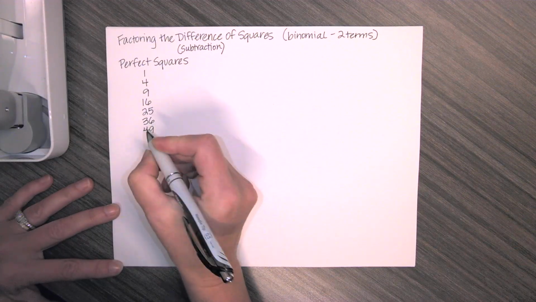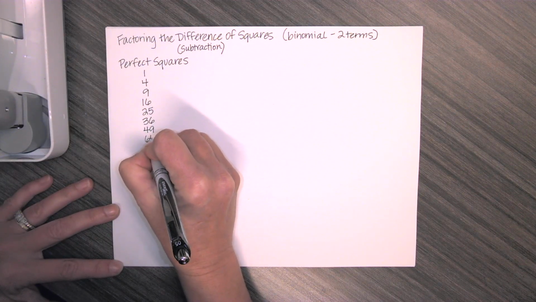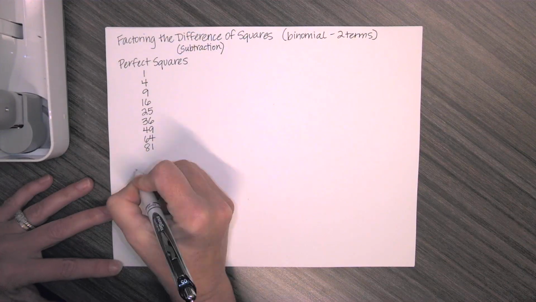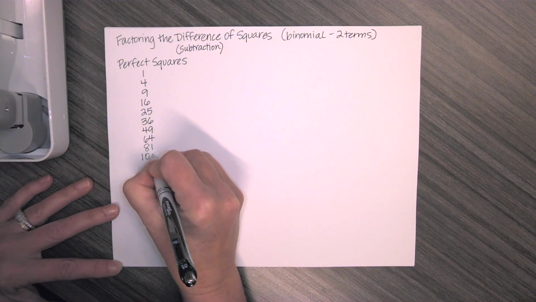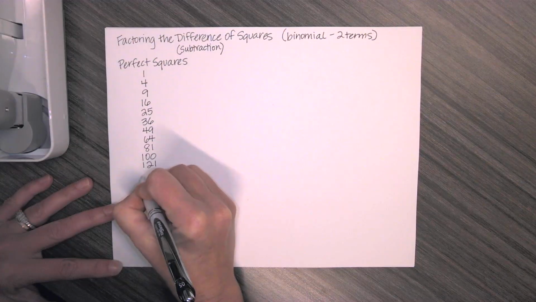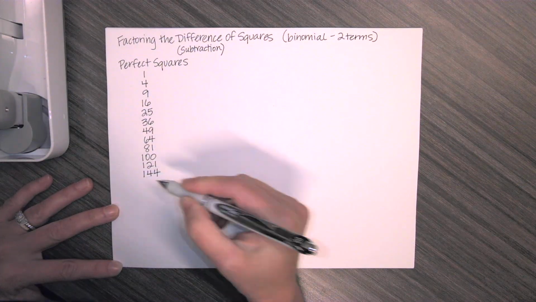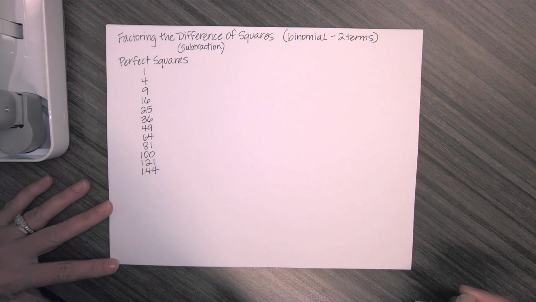I'm going to go ahead and list mine all the way up to 144. Now they keep going after that. But this is probably enough for us to get a good idea of a list of perfect squares.